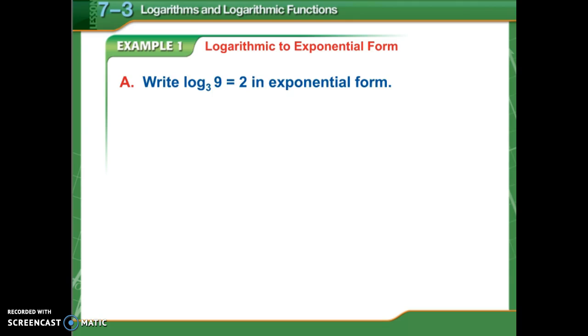So for our first example, we're going to take a logarithmic expression and put it in exponential form. We have log base 3 of 9 equals 2, and we just want to write that as an exponent. All that is, is 3 to the second power equals 9, and that's all there is to doing it.